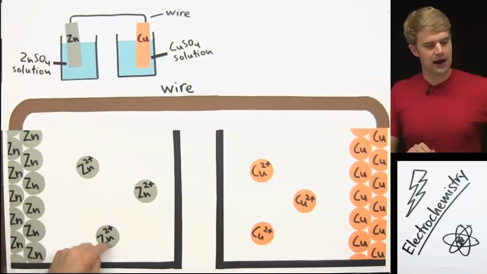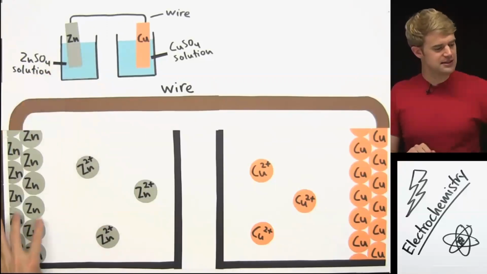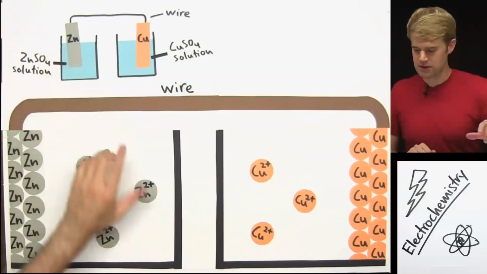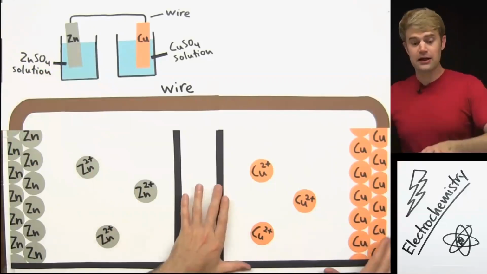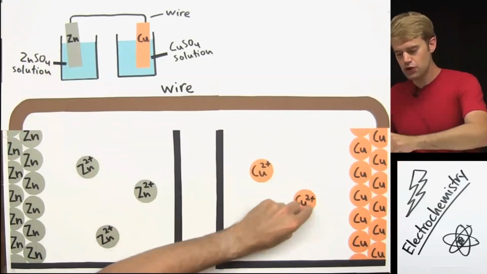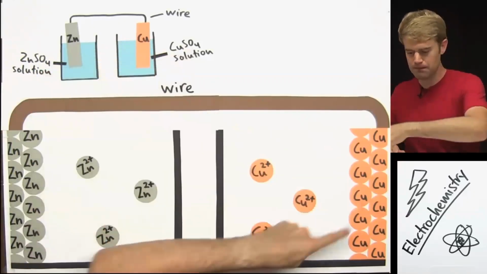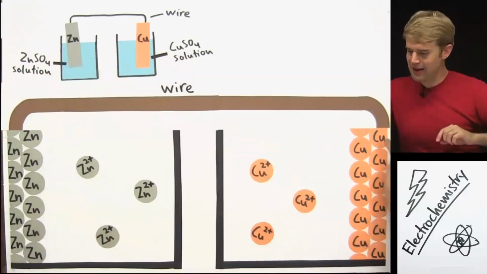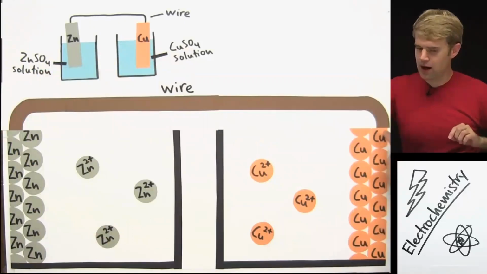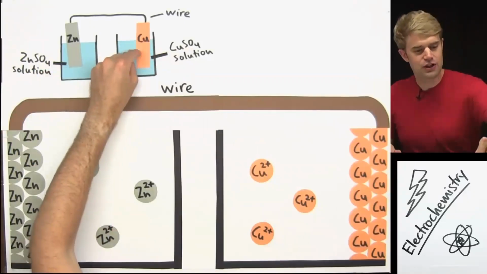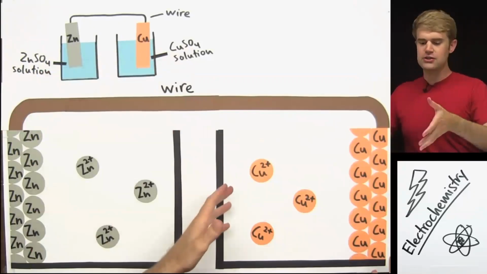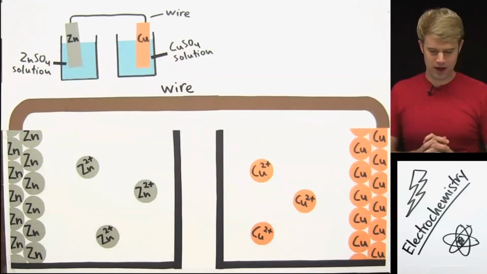So zinc ions in the solution and these zinc atoms in the piece of zinc. Then over here, we have these Cu2+ ions that are in the CuSO4 solution. They're dissolved here. And then these copper atoms are on the edge of this piece of copper here, okay?